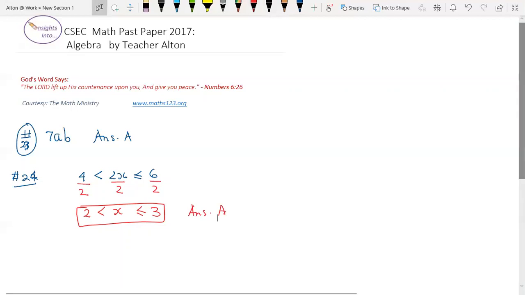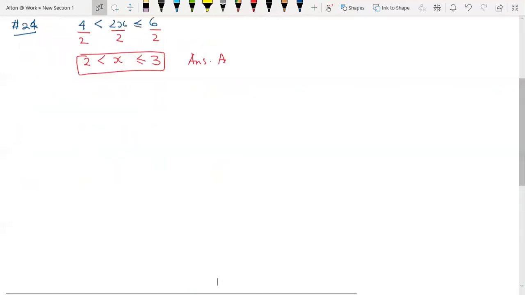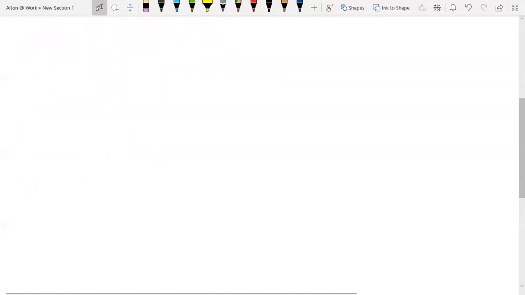Okay, so number 25. Let's see what 25 says. The coefficient of x in the expansion of x plus 3 by x minus 1. So let's expand this and see what the coefficient of x is.